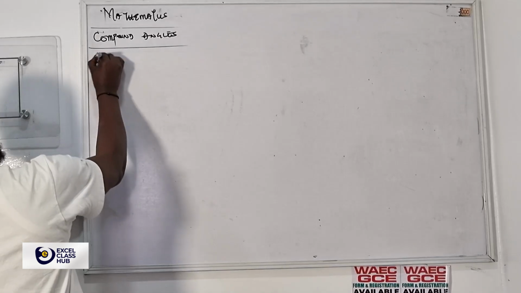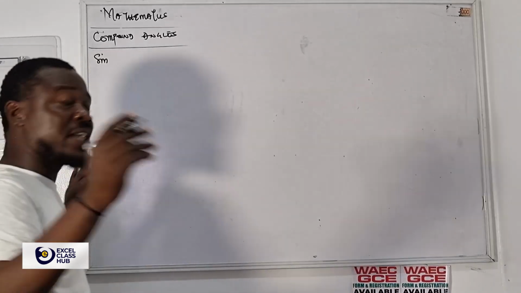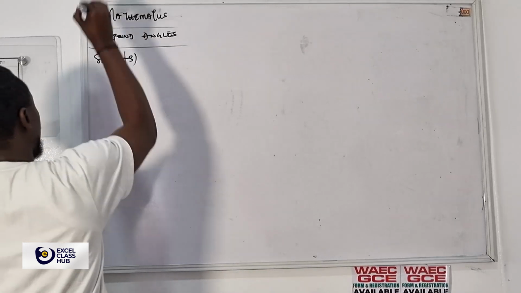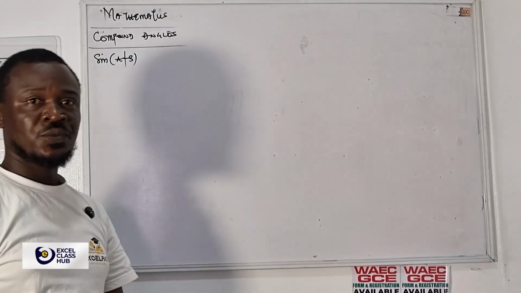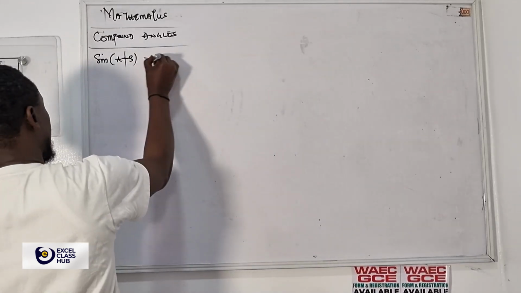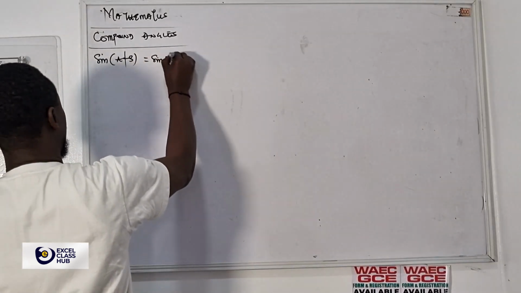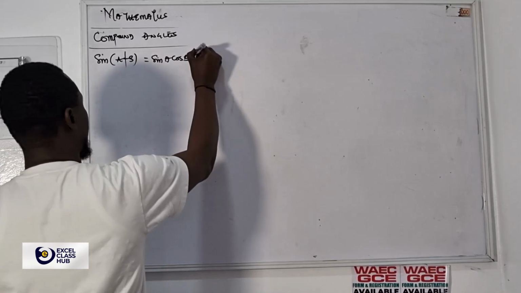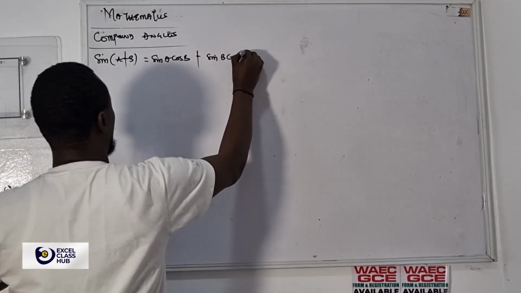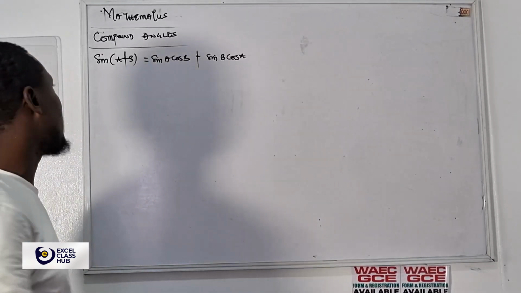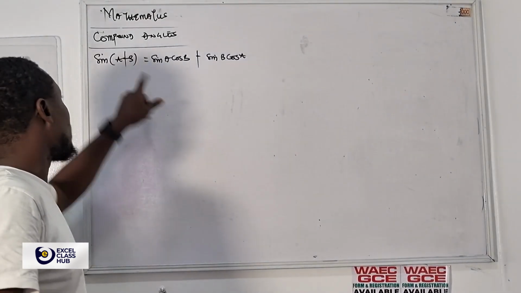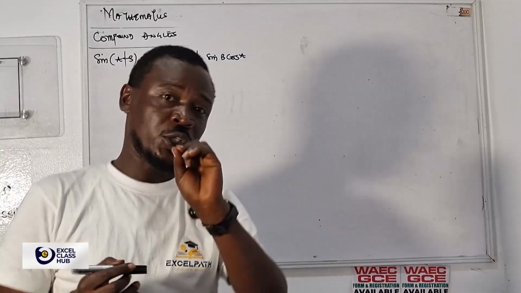We have sine. Instead of sine theta, we have sine A plus B. Your expansion for sine A plus B will give you sine A cos B plus sine B cos A. That is the expansion for sine A plus B. You can see that this A plus B here is just representing your theta.